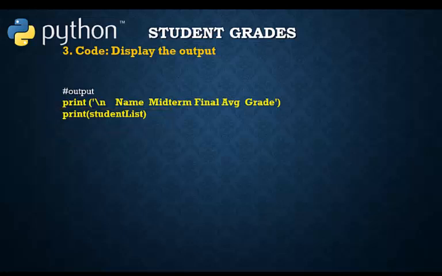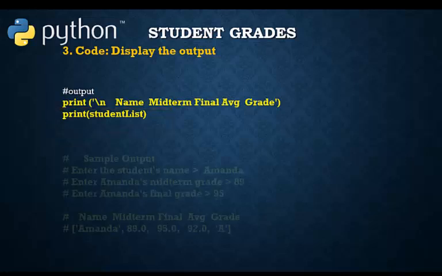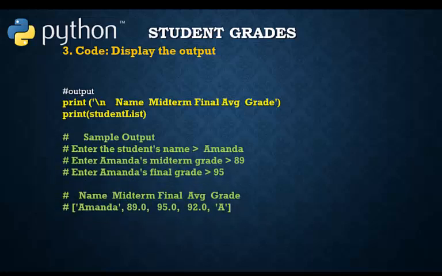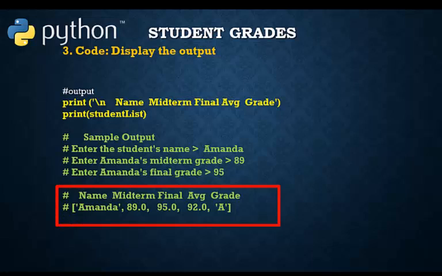Here is what sample output looks like. If we enter the name Amanda with a midterm grade of 89, a final grade of 95, the output tells us that Amanda had a 92 average and a grade of A.